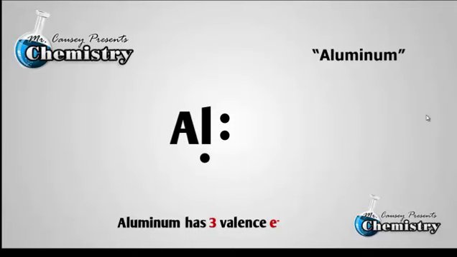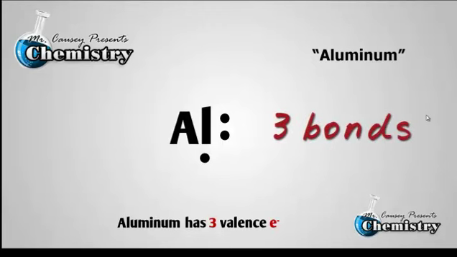And this helps me to understand that aluminum is more than likely going to give up those 3. It's easier to give up 3 than to gain 5. So it's going to tend to have a 3+ charge. Also, aluminum tends to have 3 bonds. Makes a lot of sense when I look at the Lewis dot symbol.